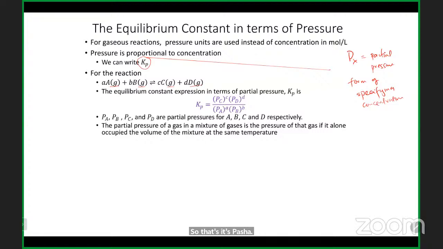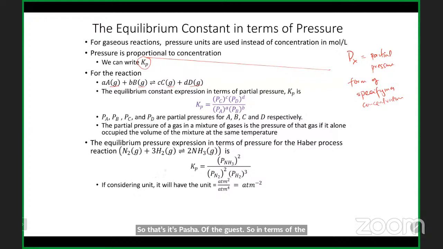So in terms of partial pressure, we still consider products over reactants, raised to the power of their number of moles in the balanced reaction.